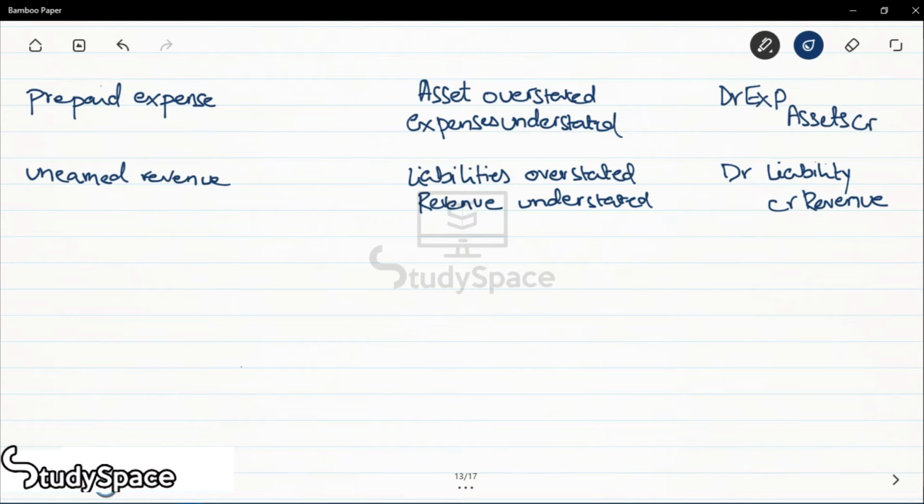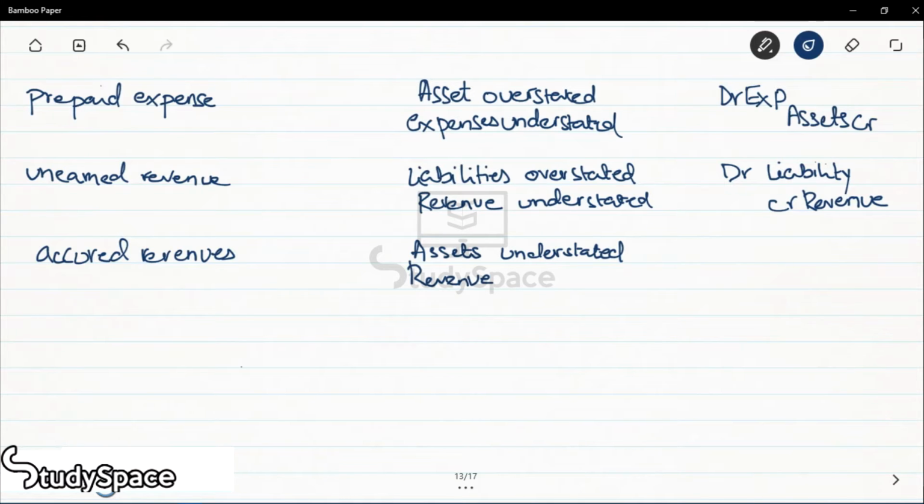Continuing with the types of adjustments, we have our third type, which is accrued revenues. Under this adjustment, the basic belief is that our assets have been understated and our revenue has also been understated. What accrued revenue basically means is that we have provided a service but have not received our payment for it.